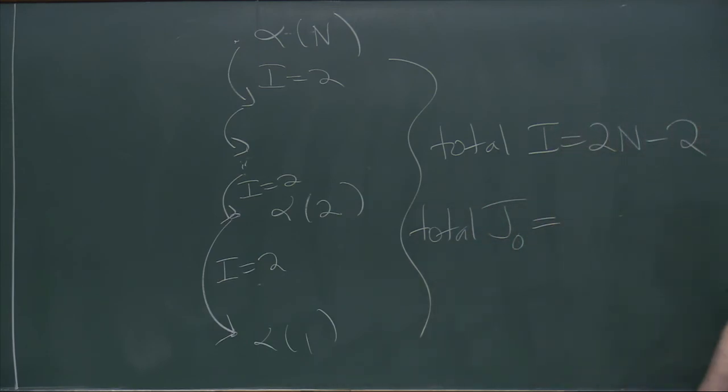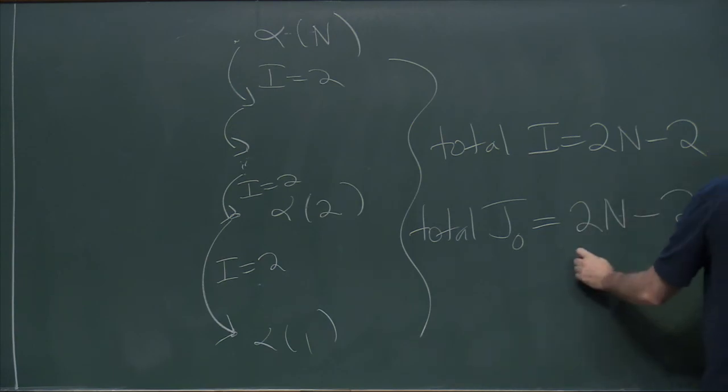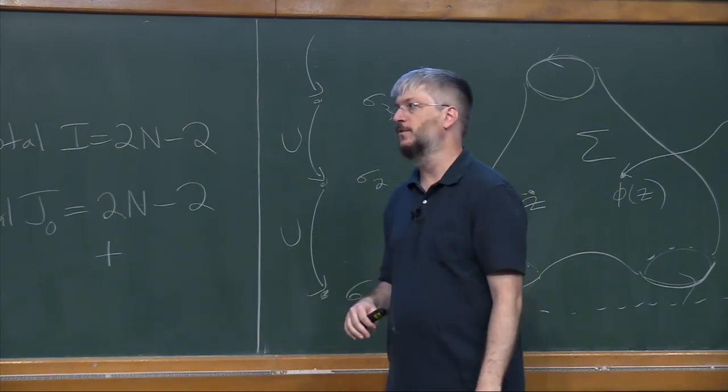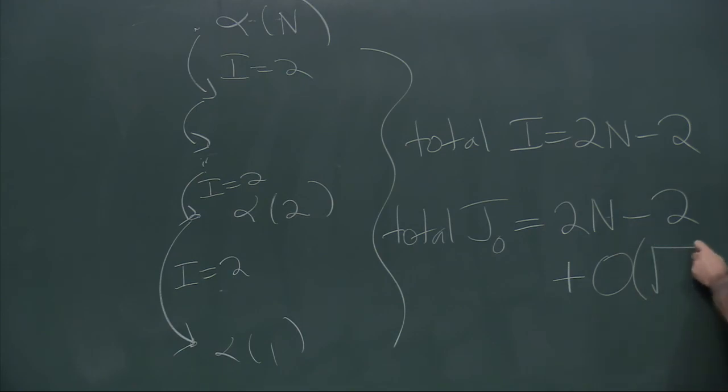Well, it's going to be approximately the same thing, plus some error term, but because of the relation between ECH capacities and volume, this error term is bounded by the square root of n times some constant depending on the volume of the 3 manifold.